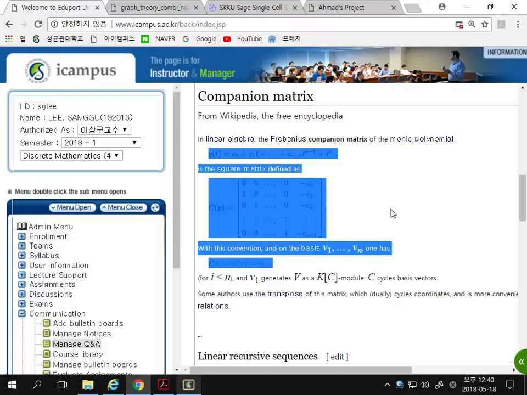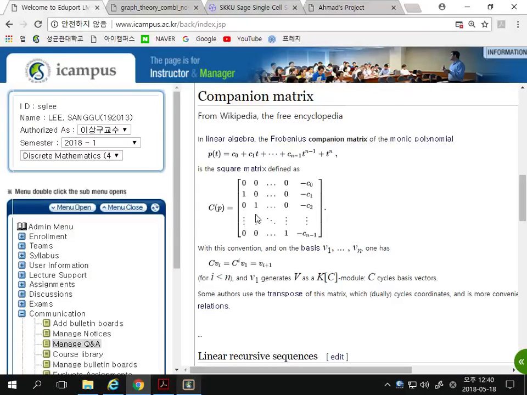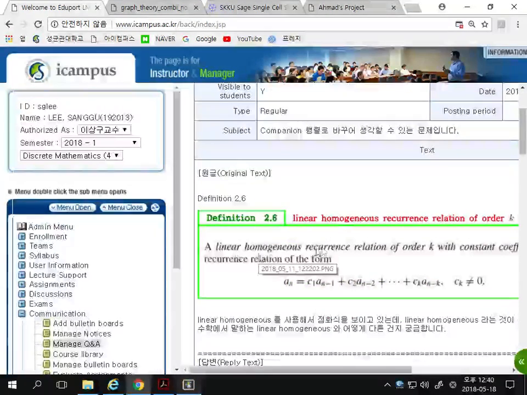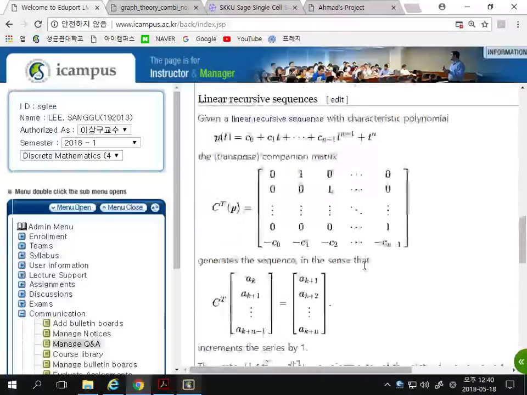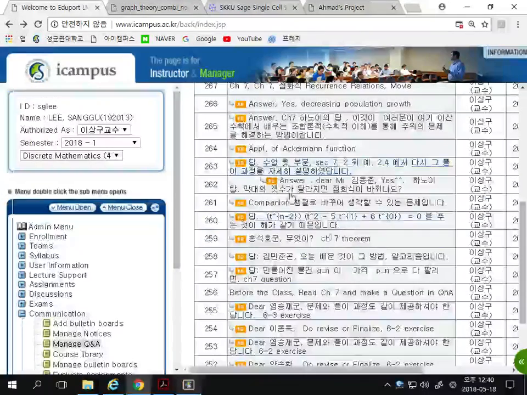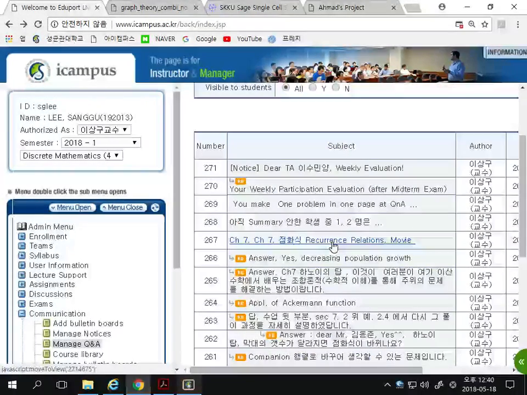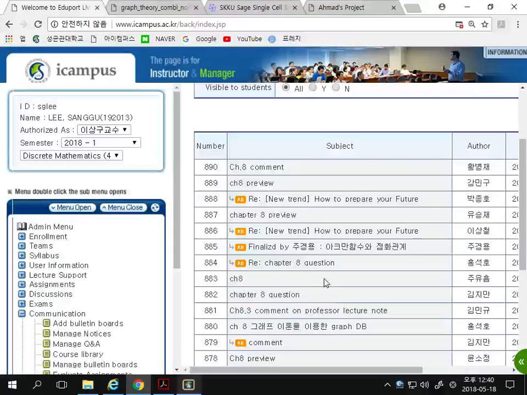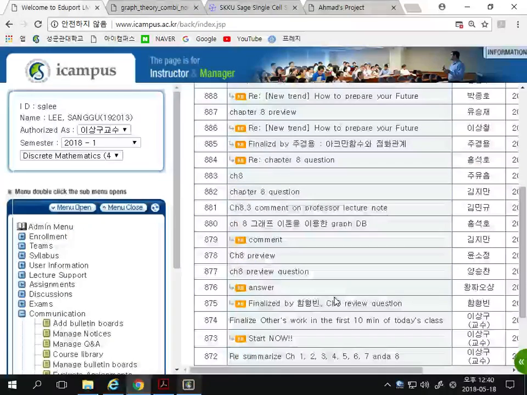That's why you learn linear algebra, to effectively handle this type of polynomial and also recurrence relations. It's all related. The companion matrix gives a bridge between those. Okay, I think that will do it.